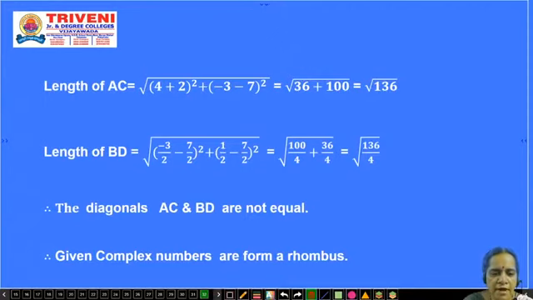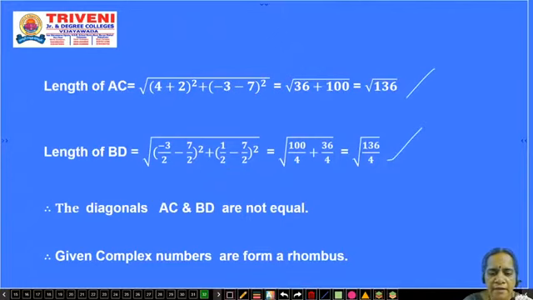That is 7 minus 7 minus 3 is 10 by 2 whole square, plus 1 minus 7 by 2 whole square. 10 by 2 whole square means 100 by 4, 6 by 2 means 36 by 4. The denominators are again the same. Then 136 by 4. Length of AC is not equal to length of BD.